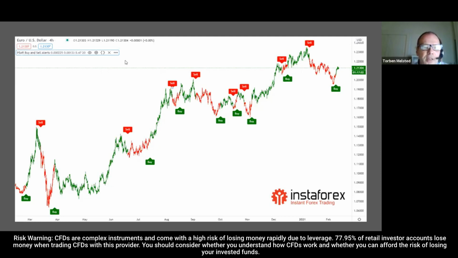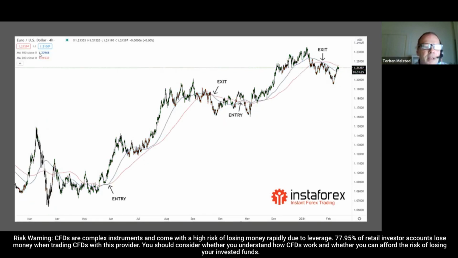Now, if we go back to this one, if I clicked on my moving average here, the 100, it's the blue one, it would open a possibility for me to set it to a different number of periods.